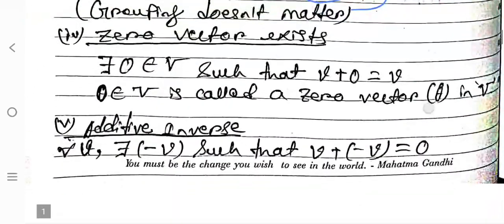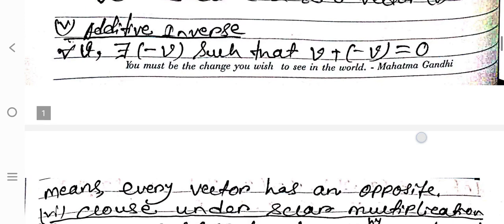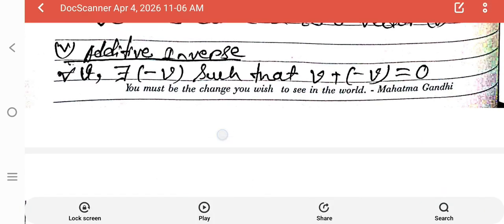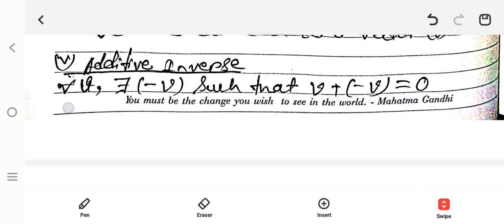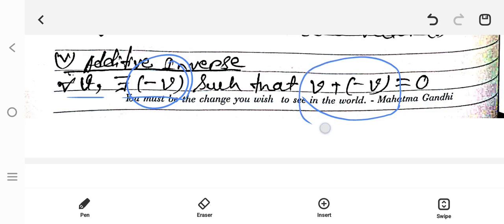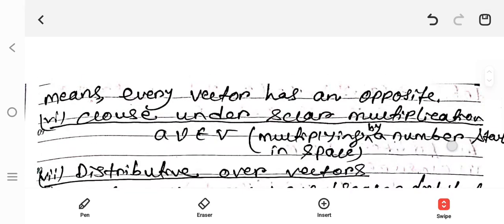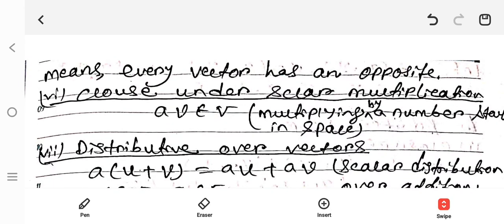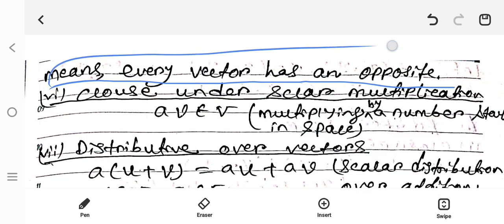Number 5, the additive inverse. For every vector v, there exists a minus v such that v plus minus v equals 0. That means every vector has an opposite.